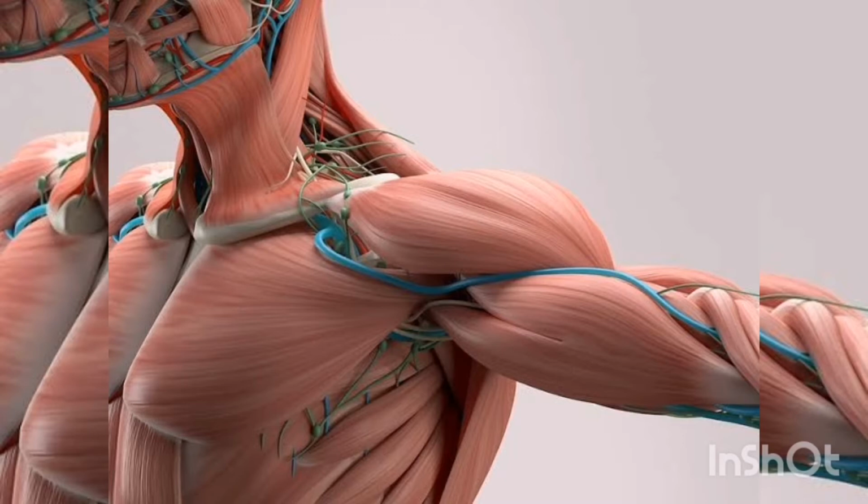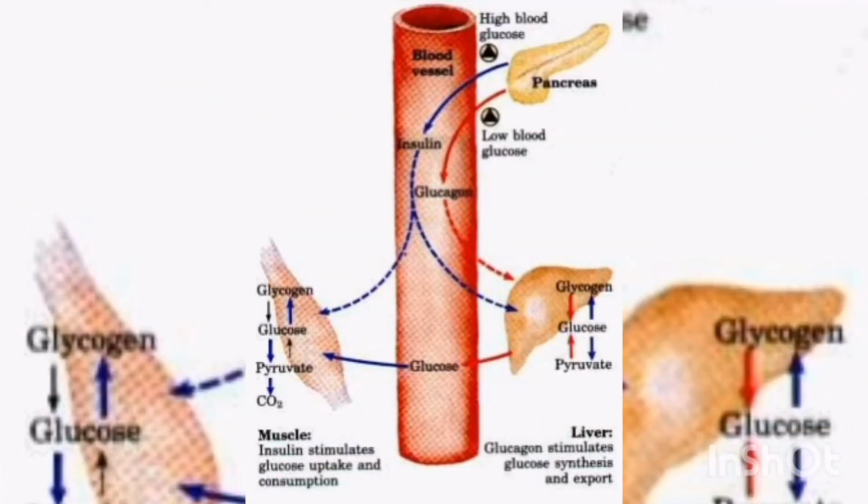And then after the insulin is released, it stimulates cells, especially the adipose and the muscle cells, to take up glucose from our blood. Then the insulin and the transport of glucose into the cells, but to enter cells, the glucose requires transmembrane transporters.